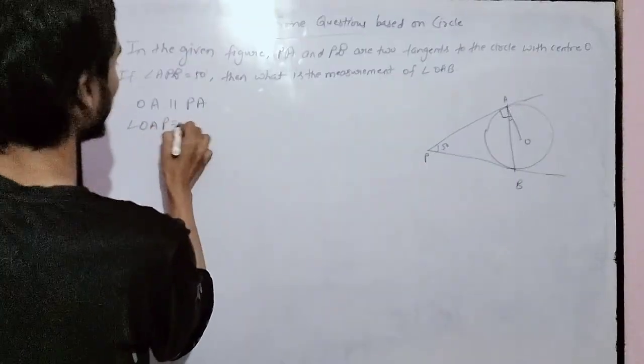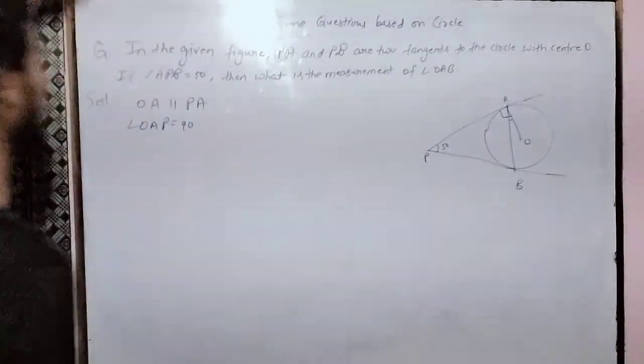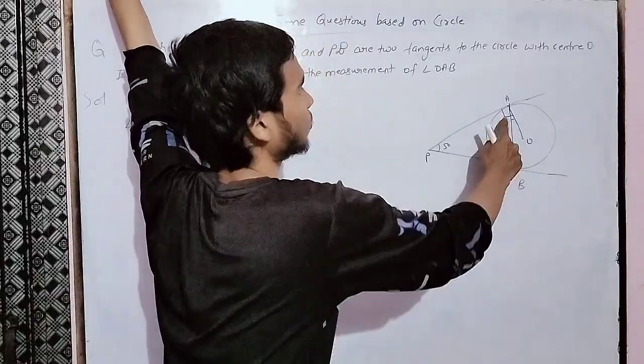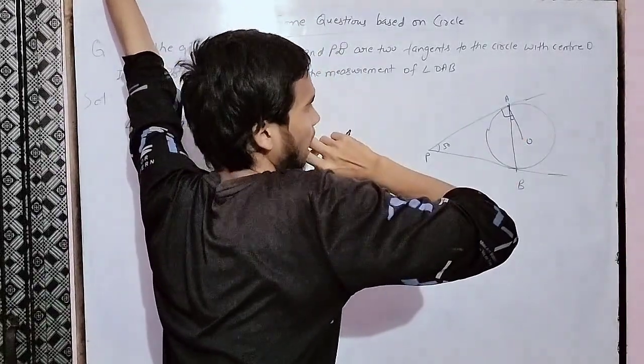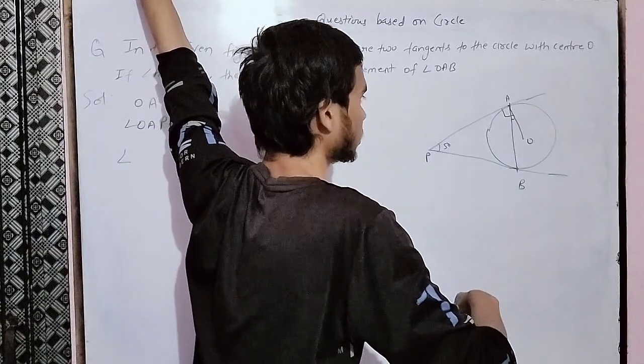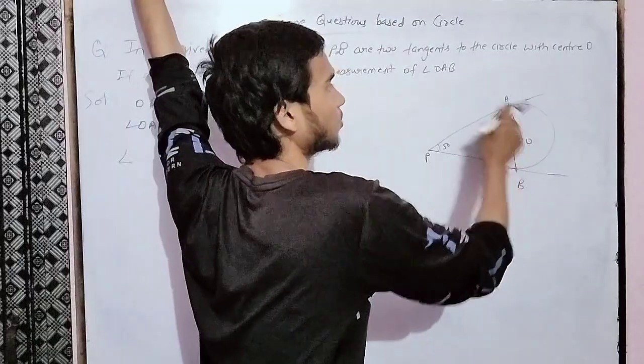That's why angle OAP is 90. The reason is perpendicular. Now, if it is forming 90 degree, then can we say we will subtract 90 from this.